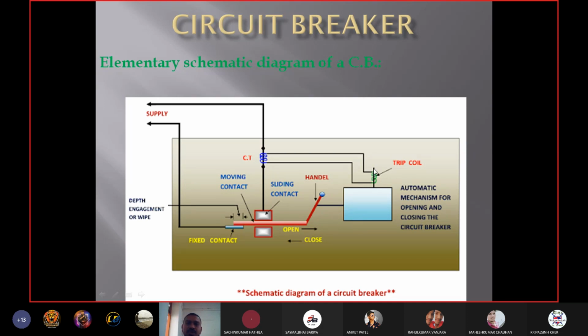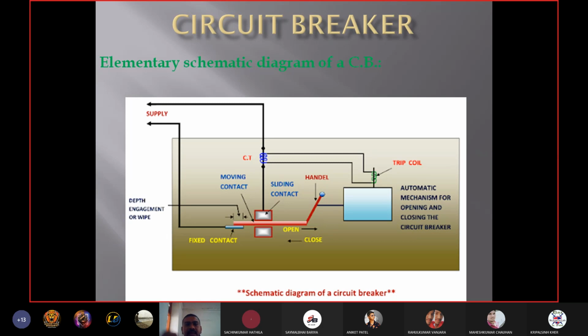Whatever force is produced by this operating mechanism, or we can say the automatic mechanism, is not capable of moving this handle in the right direction. So the physical connection between the fixed contact and the moving contact remains as usual. There is no change in the physical connection between the fixed contact and the moving contact.